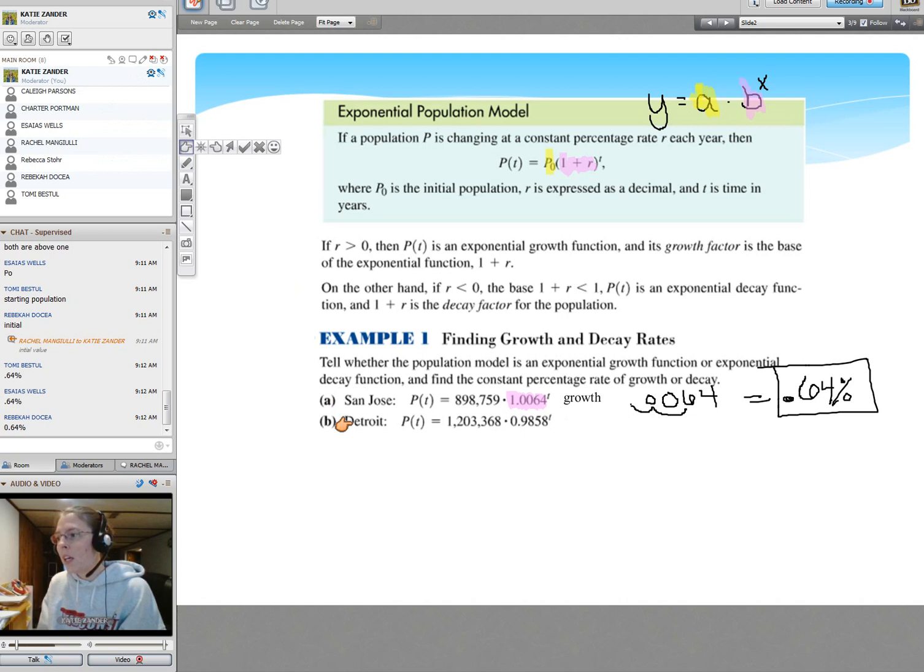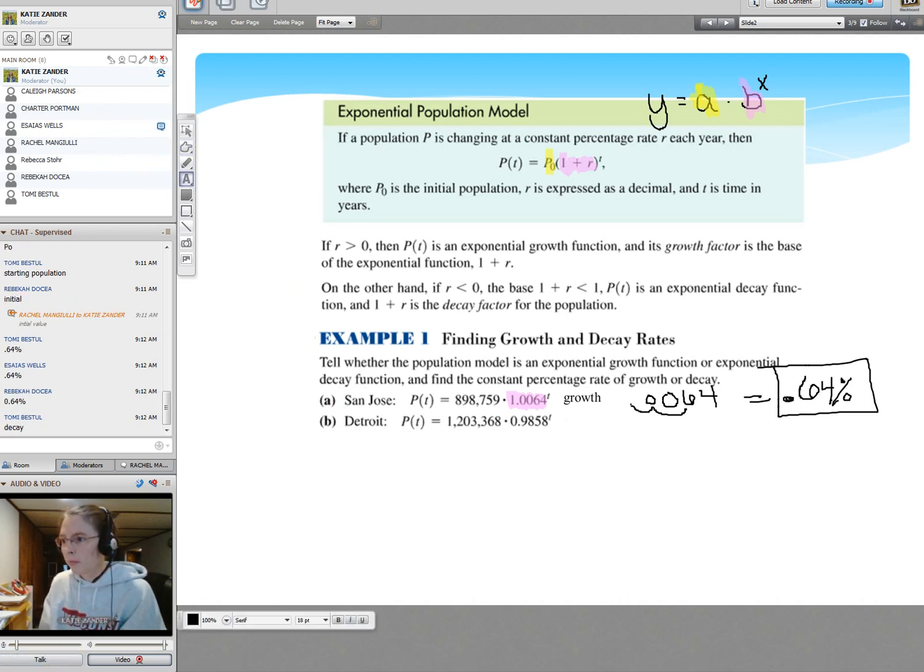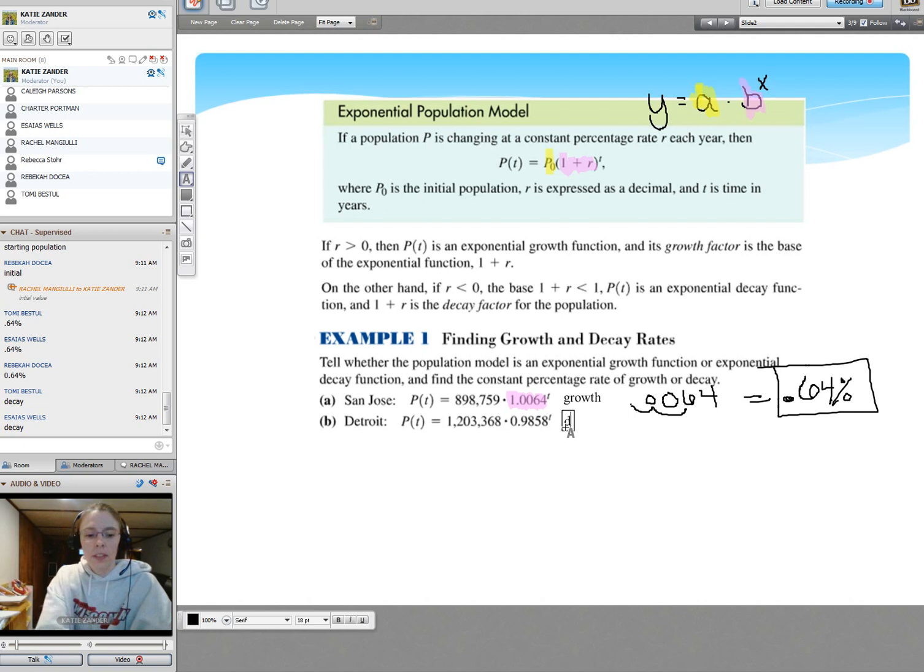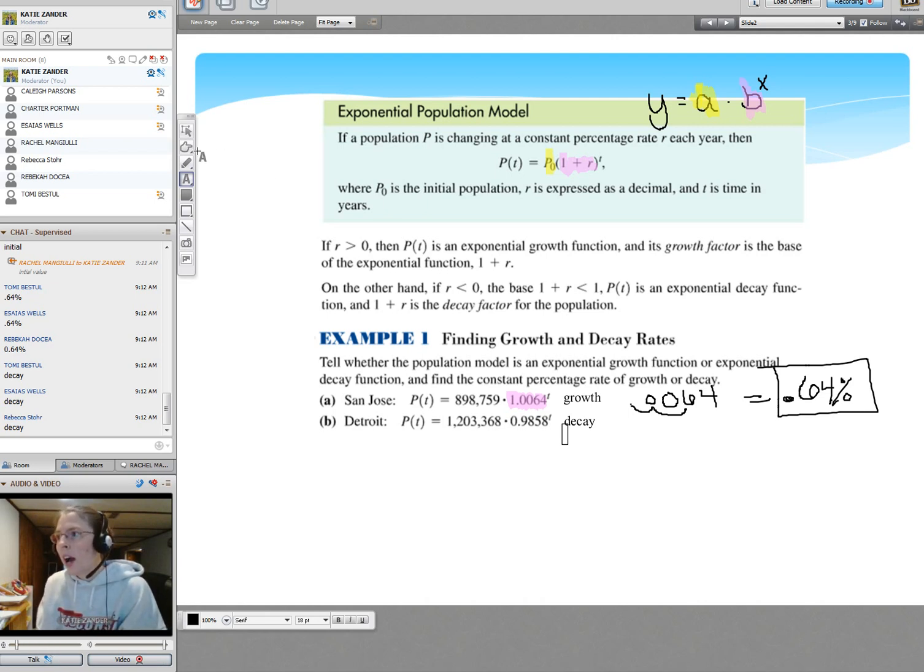In part B, is this growth or decay? That is decay this time. Good. And now we got to figure out what the decay rate is going to be. It's a little bit different with the subtraction. So instead of subtracting 1, we're actually going to subtract this number from 1.